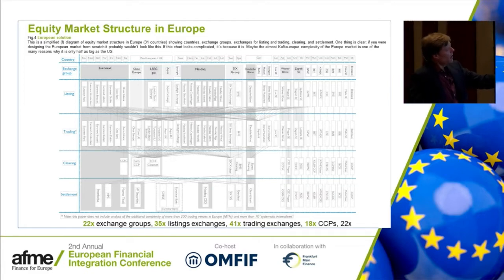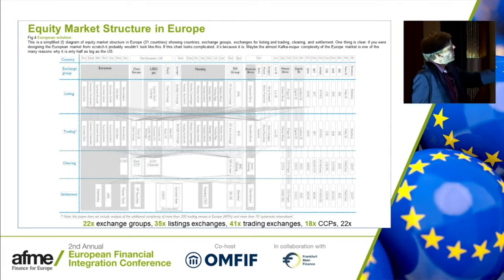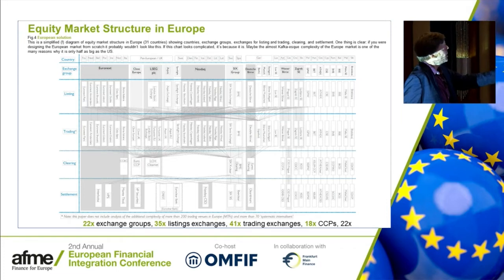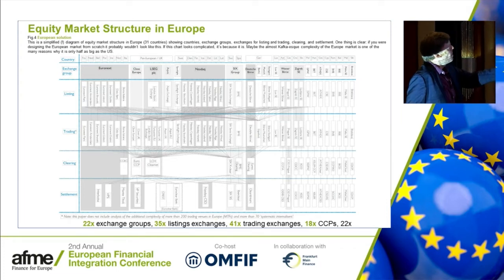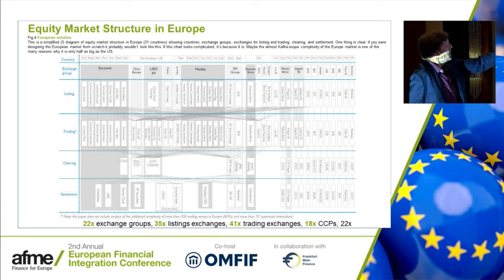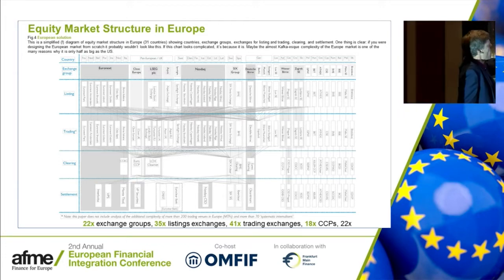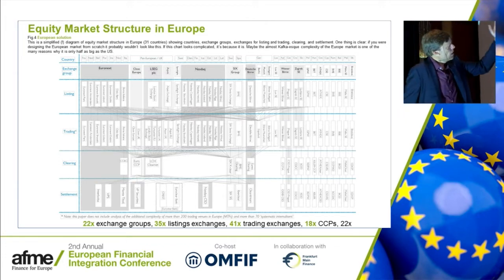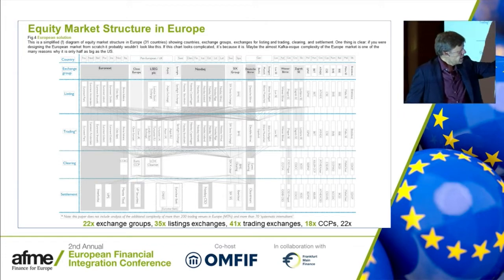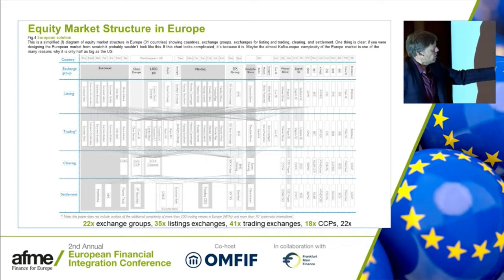And that explains why, for instance, shares on the Polish stock exchange, on ATEX in Greece, you see the member states in the line above, these shares are not actually traded on, for instance, CBOE or on Aquis. These shares are only listed, traded, cleared, and settled in a vertical silo.